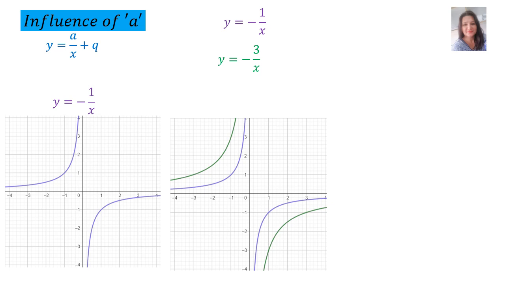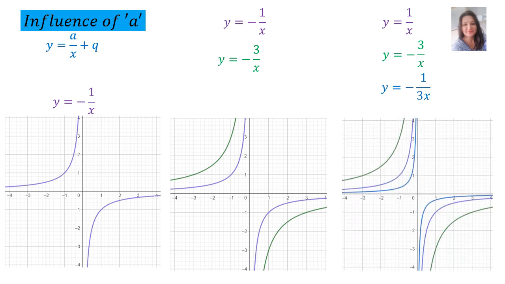There, the green graph, you can see what happened there. And then lastly, on top of those, let's look at y is minus 1 over 3x, and there's your graph. Again, my suggestion is pause the video, make the table, and sketch the graphs yourself.